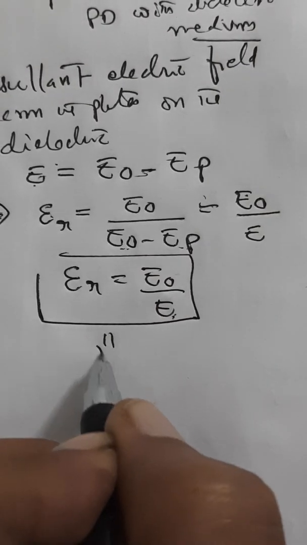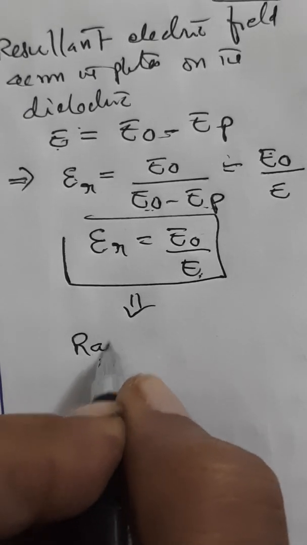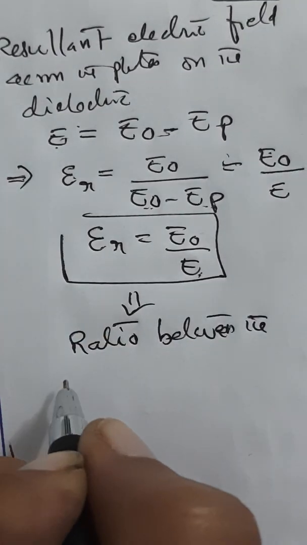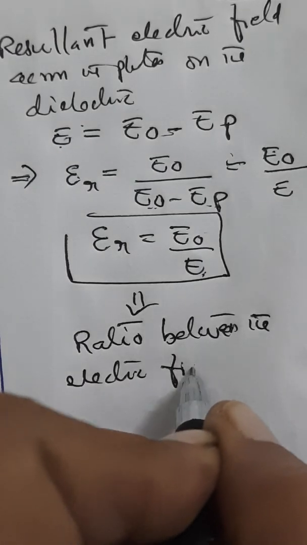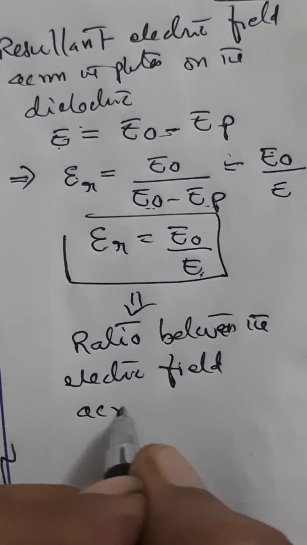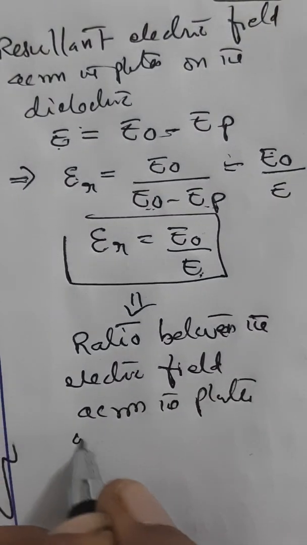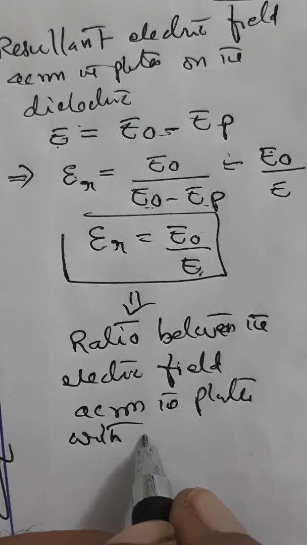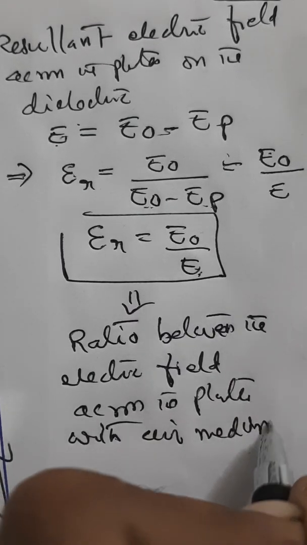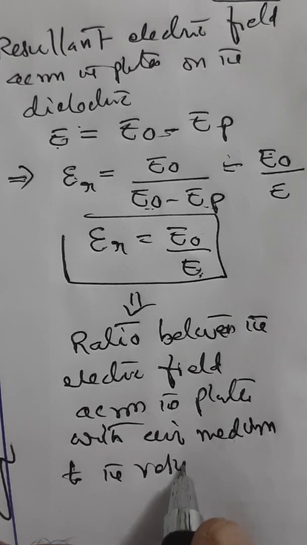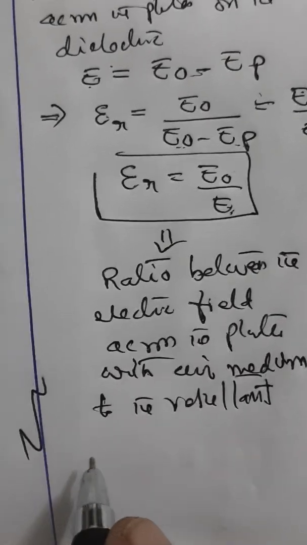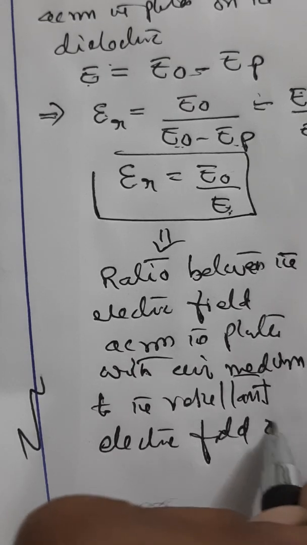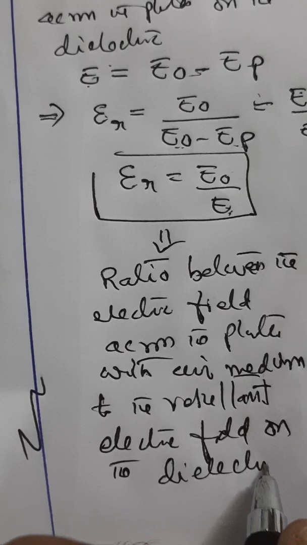So from this you can conclude that dielectric constant, as another definition, is the ratio between the electric field across the plates with air medium to the resultant electric field on the dielectric.